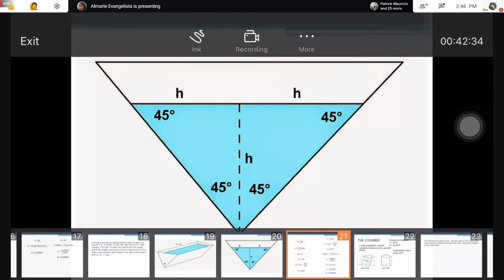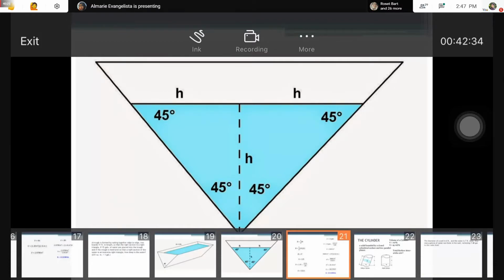Since the height of the prism is given, which is 11 feet, we need to convert it to inches. 1 foot is equal to 12 inches, so converting 11 feet gives 132 inches.